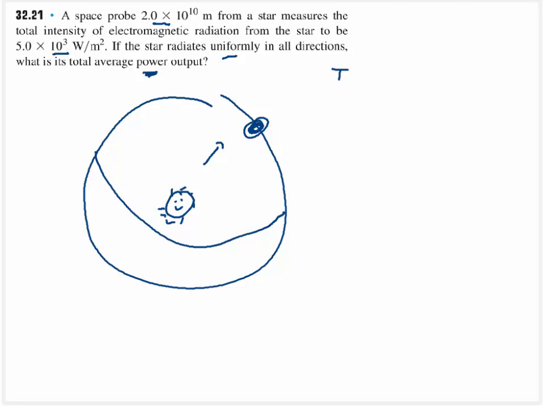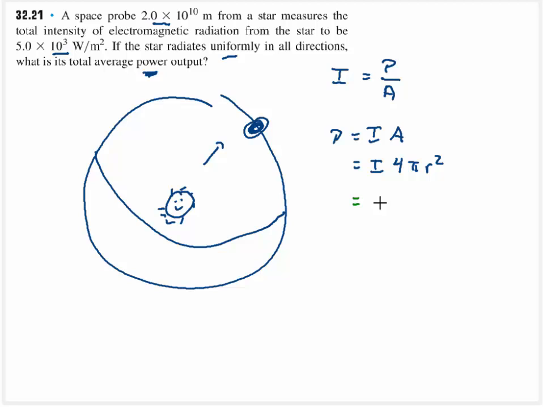Remember that the definition of intensity is going to be equal to the power divided by the surface area of the sphere. So very simply, the power is going to be equal to the intensity multiplied by the area of the sphere. The area of a sphere is going to be 4 pi r squared, and we're given what r is.